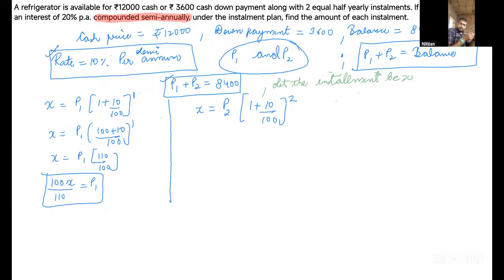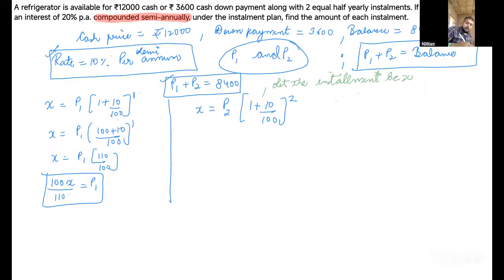So P1 is the principal of the first installment, and P2 is the principal for the second installment. I think you should do 8,400 minus P1 is equal to P2. Yeah, you can do that also. But we have to calculate P2 first so that we can find the value of X.